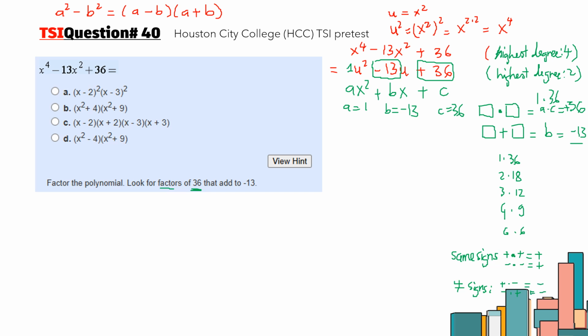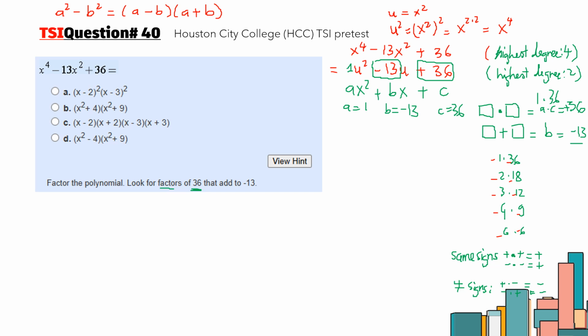So in this case, the product is positive and the sum is negative, which means both numbers have to be negative. So I will add the negative to all of the possible outcomes: -1 and -36, -2 and -18, -3 and -12, -4 and -9, -6 and -6.